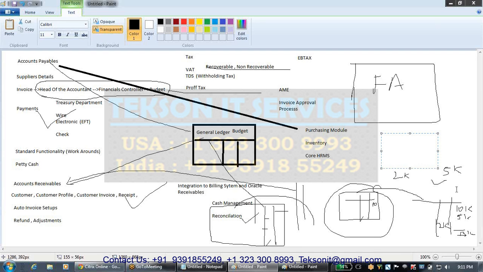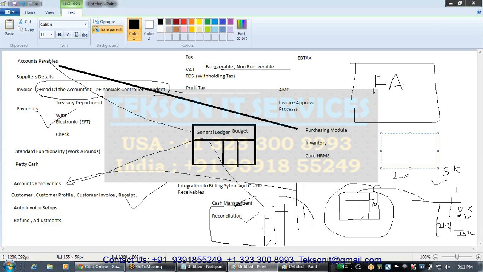Suppose I want to ask you one question. Why exactly do we do the depreciation? What is the purpose of doing depreciation? Yeah, this is to show the exact picture of the asset value. Okay, it's good. This point is also fine.